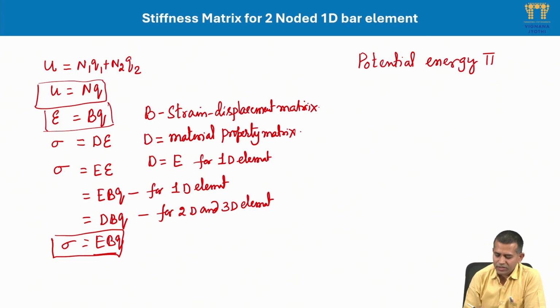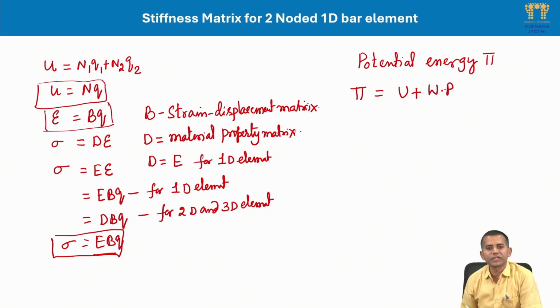We already discussed that the potential energy in a given object, when subject to different boundary and load conditions, is equal to U plus WP, where U is the strain energy and WP is the work potential.